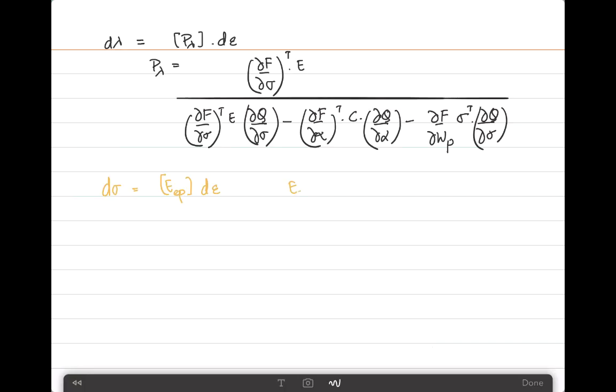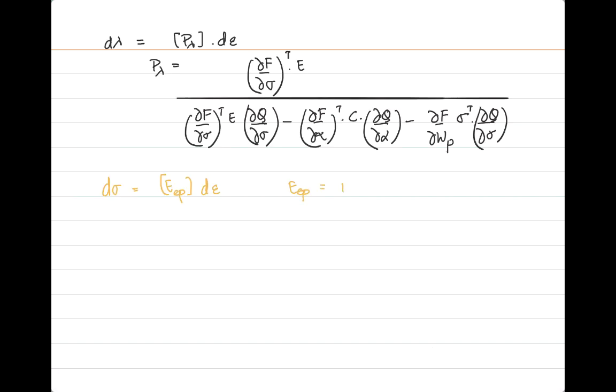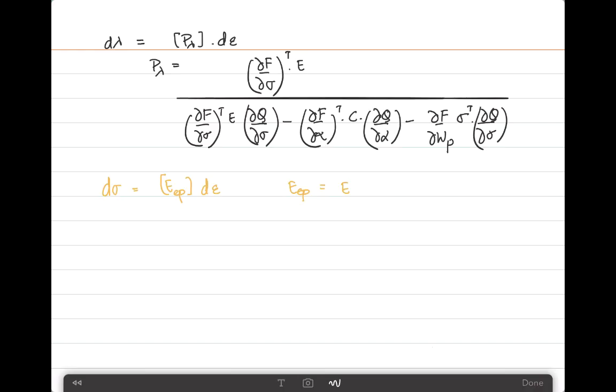In this case, E_EP would be written as the elastic modulus with identity matrix minus the flow rule behavior times this P lambda.